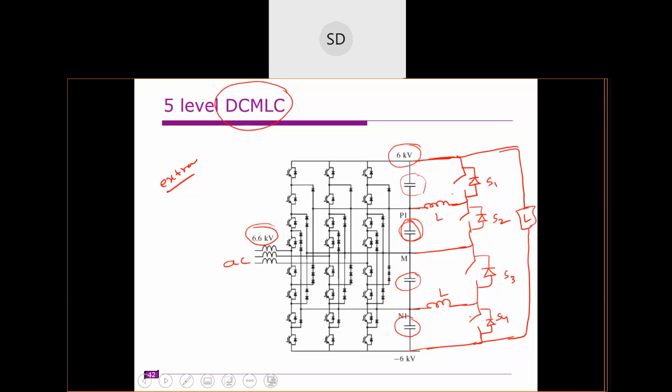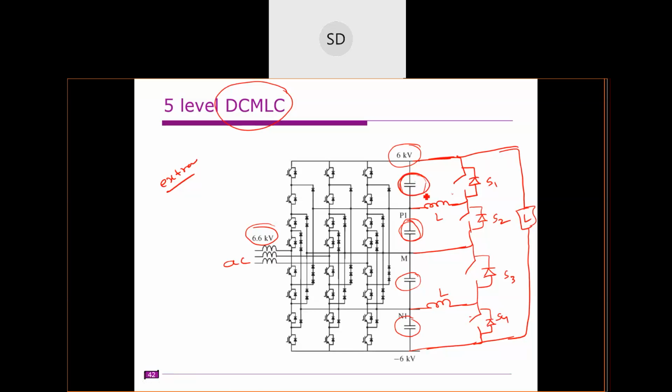That's 6 kV. No, okay. So how did you get 6 kV? That means 2 times the capacitor voltage, right?